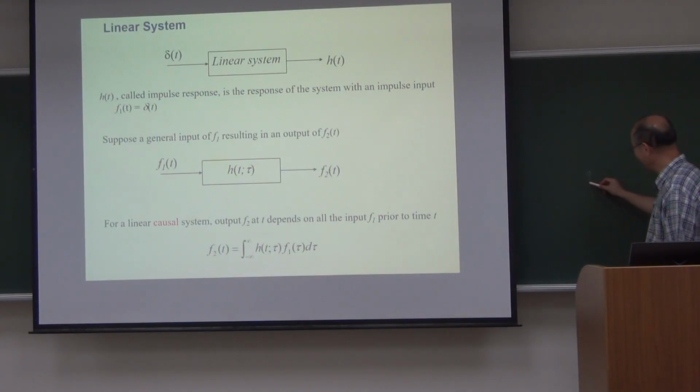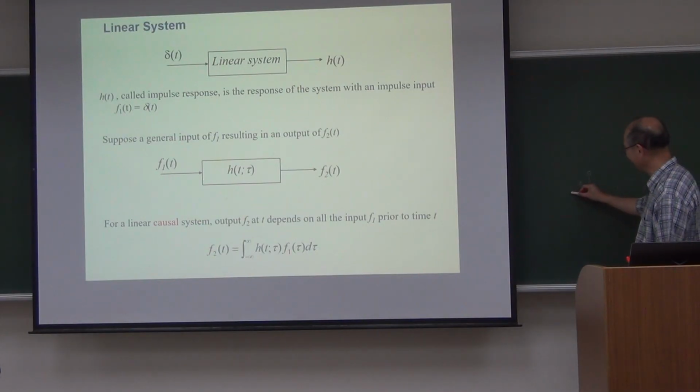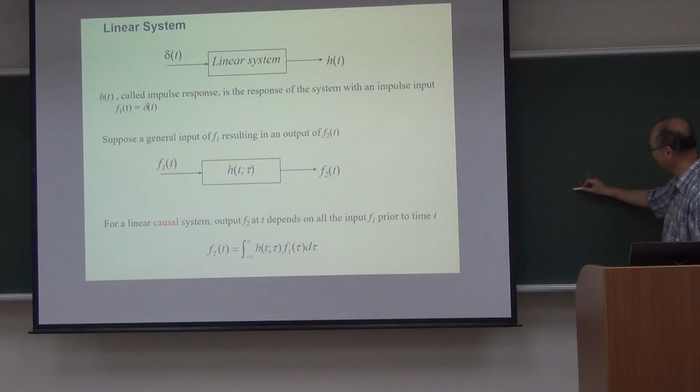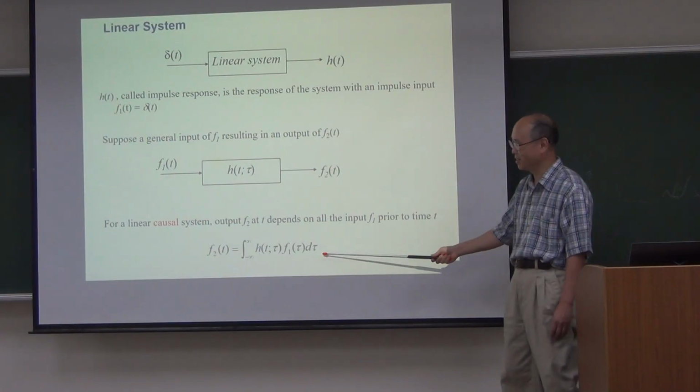If you put another excitation right here, then you have another output, and the output is the superposition of these two. Then you put another excitation right here, and you have another output. If you add up all the excitations, then the output is going to be the superposition of these three. And this is what this is telling you.